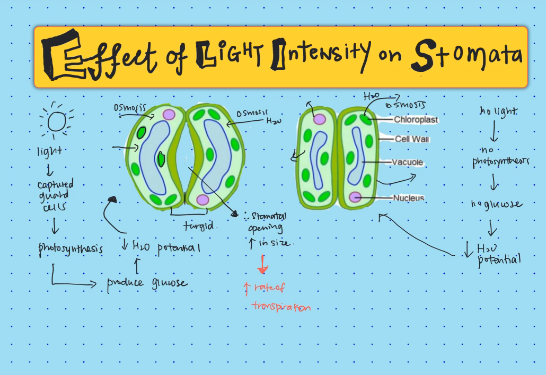And what happens is that these cells will actually look what? These two will be plasmolysed, not turgid, plasmolysed. When they are plasmolysed, the stomata opening will get smaller. Please take note that it doesn't close completely. Stomata opening will only get smaller, not completely close. Decrease in size.